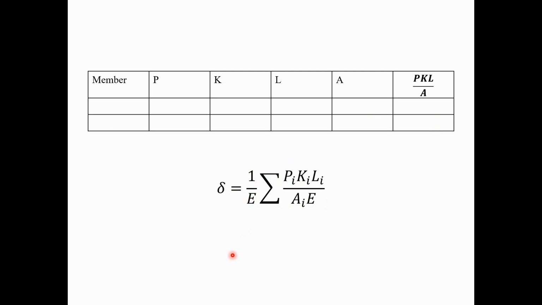So that is the general procedure to find out the joint displacement by Castigliano's theorem, or we can call it the unit load method also.